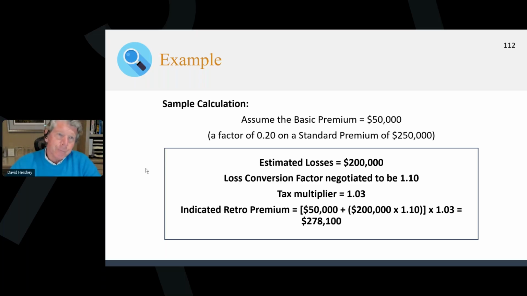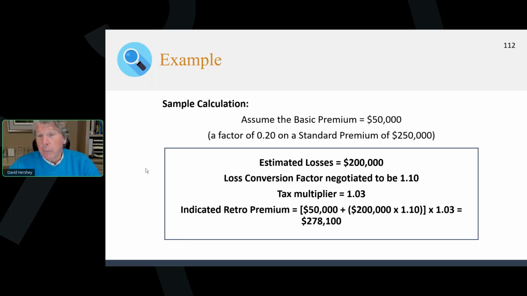So let's talk about how we do this. How does it all work? A typical circumstance will be the basic premium. Here's our problem. Basic premium is 50,000. How did we get the 50,000?